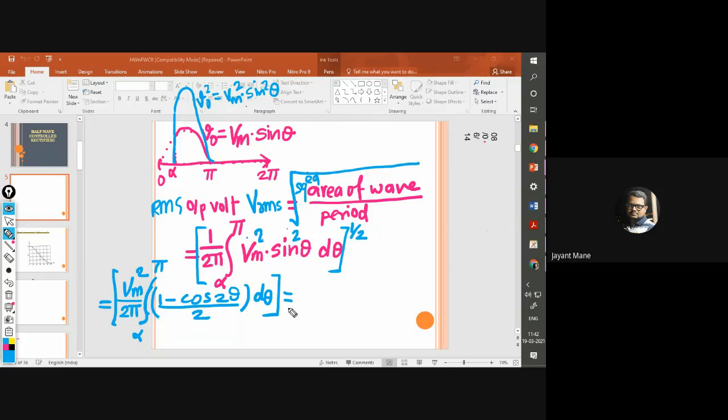So it will be Vm square by 4 pi now, because this 2 is also constant, it is coming out. So Vm square by 4 pi.